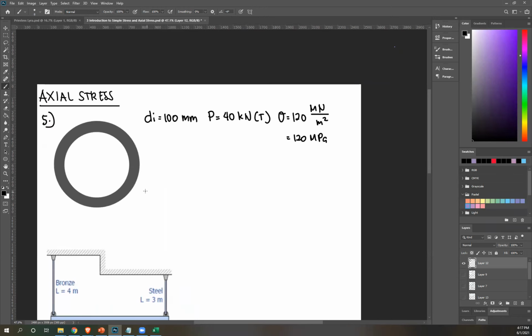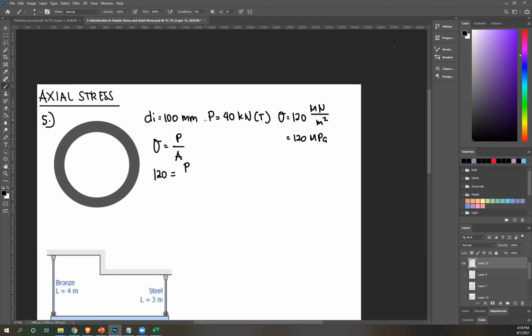Okay, so we're looking for DO. So your steel tube looks something like this, okay? So we're gonna use the equation stress equals P over A, and your A is this cross-sectional area. Okay, our stress is 120 Newton per millimeter squared.